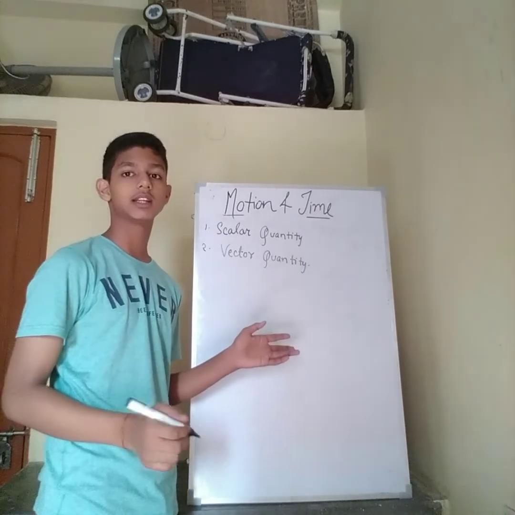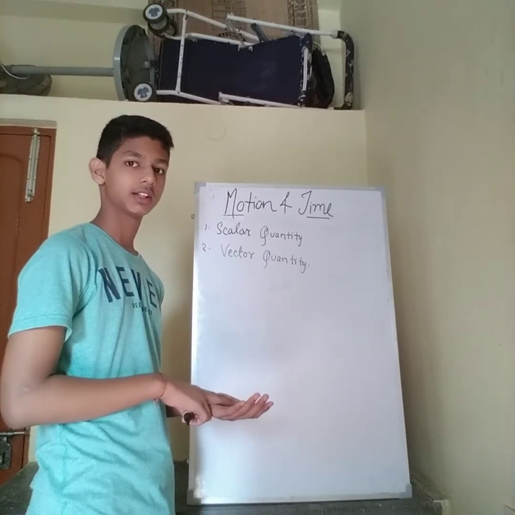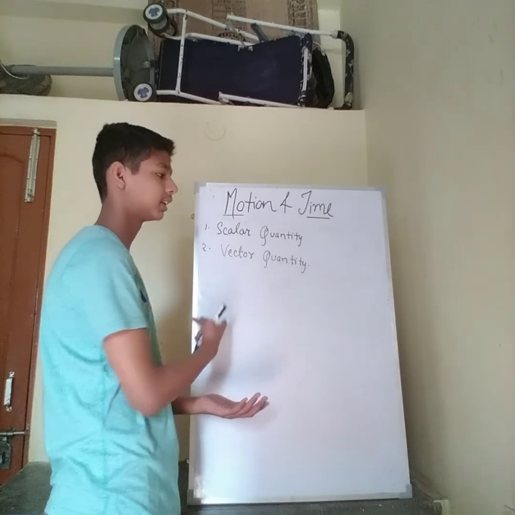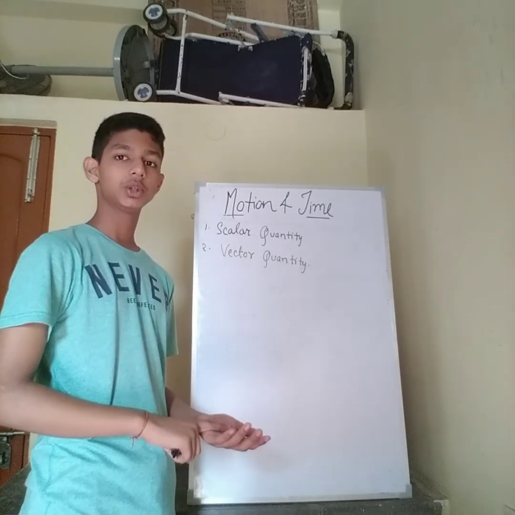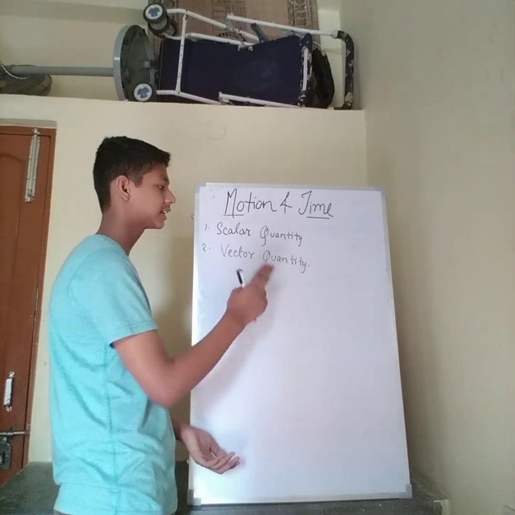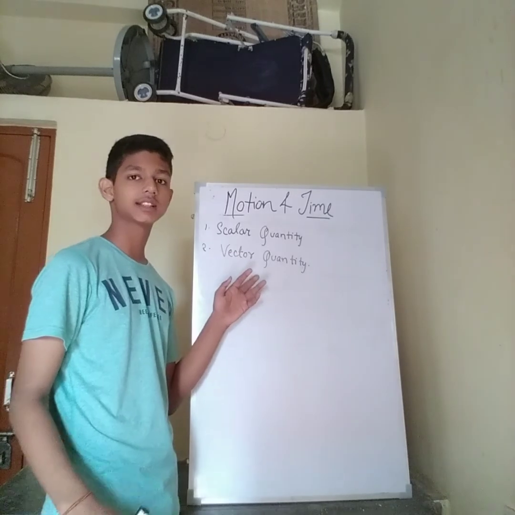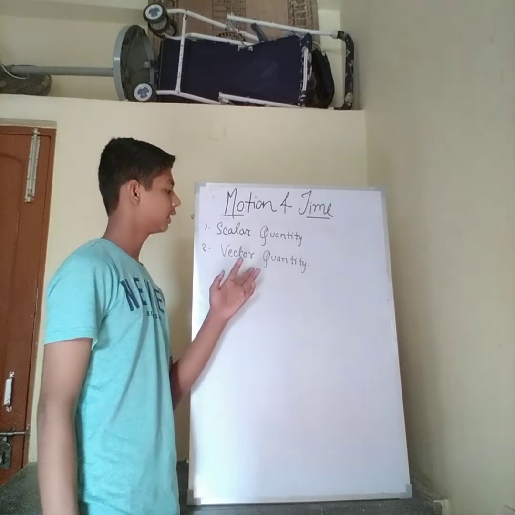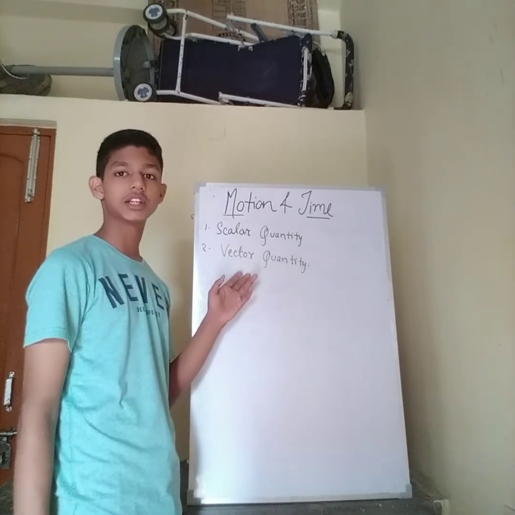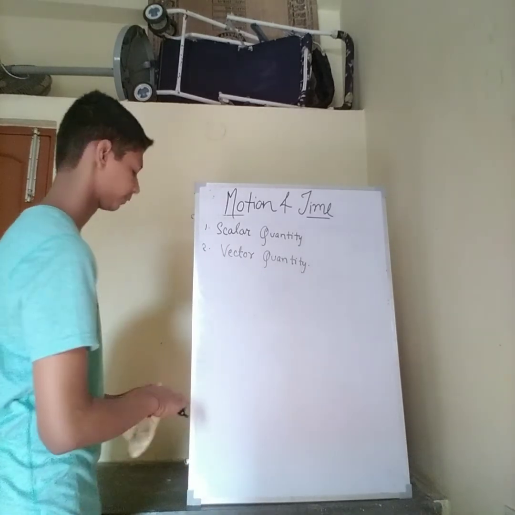Here, vector quantity. What is vector quantity? The physical quantity which has magnitude as well as direction is called vector quantity. Examples are force, acceleration, displacement, velocity.